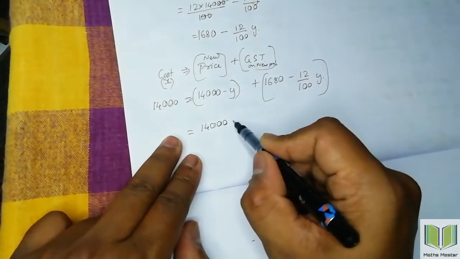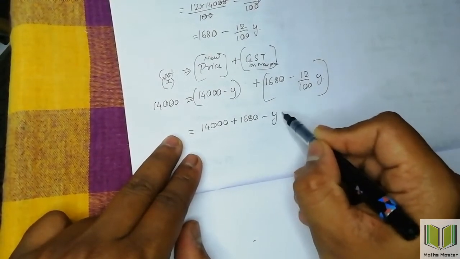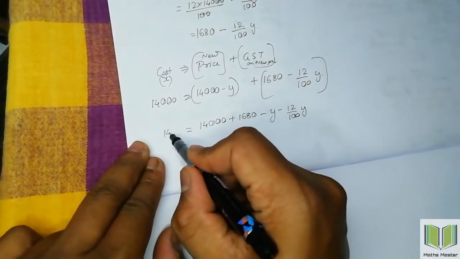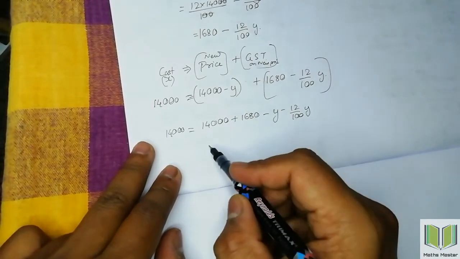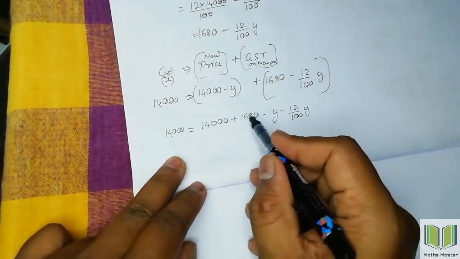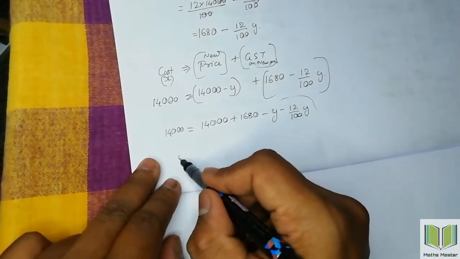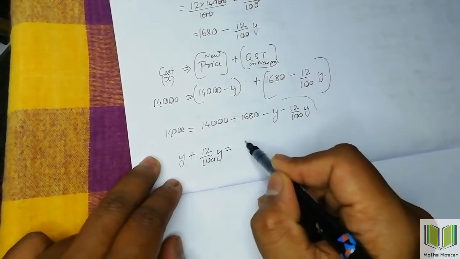Now we'll see this one: 14,000 plus 1,680 minus y minus 12 by 100 y equals 14,000. Obviously 14,000 and 14,000 will go off, cancelled. I'm taking the y terms onto the other side, so that will be y plus 12 by 100 y is equal to 1,680.